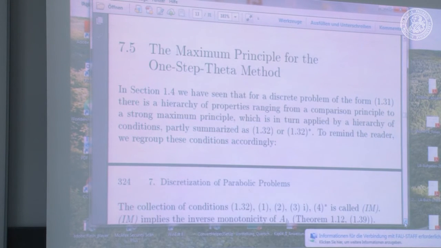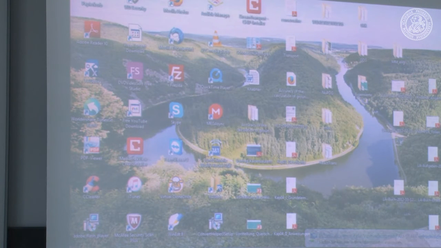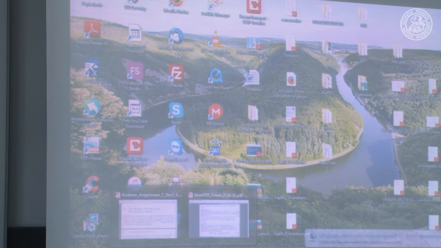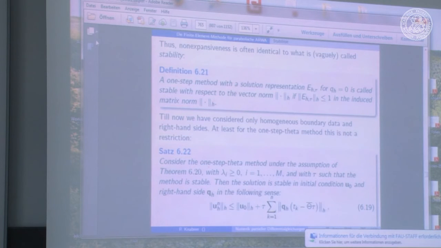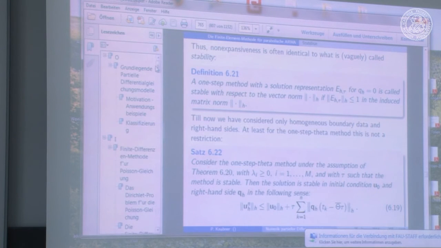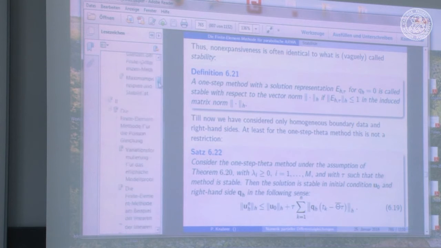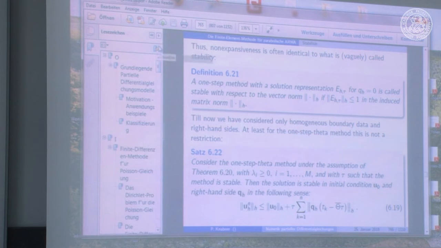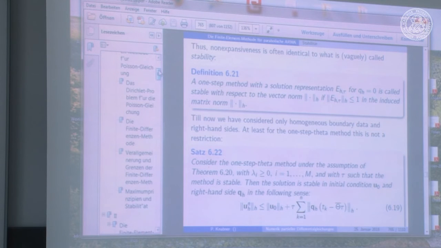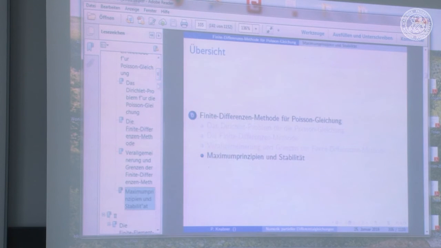So let's go back. It's now a long time ago, but I hope you remember a little bit. It is this famous formula 132 in the English version and I think 128 in the German version.